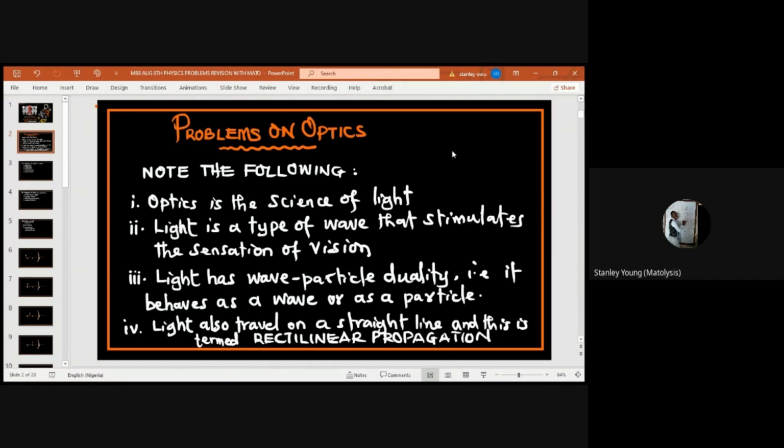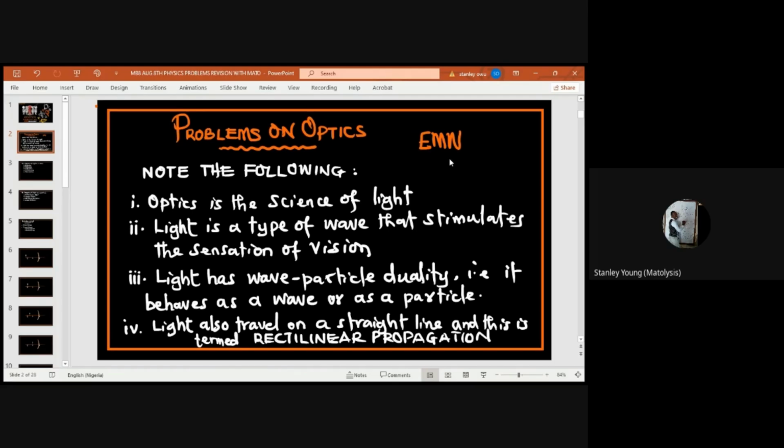We can categorize light into two different forms of waves. It is an electromagnetic form of wave. And why so? Because it does not require a material medium for its propagation. All electromagnetic waves do not require material media for their propagation. So light is an example of such.